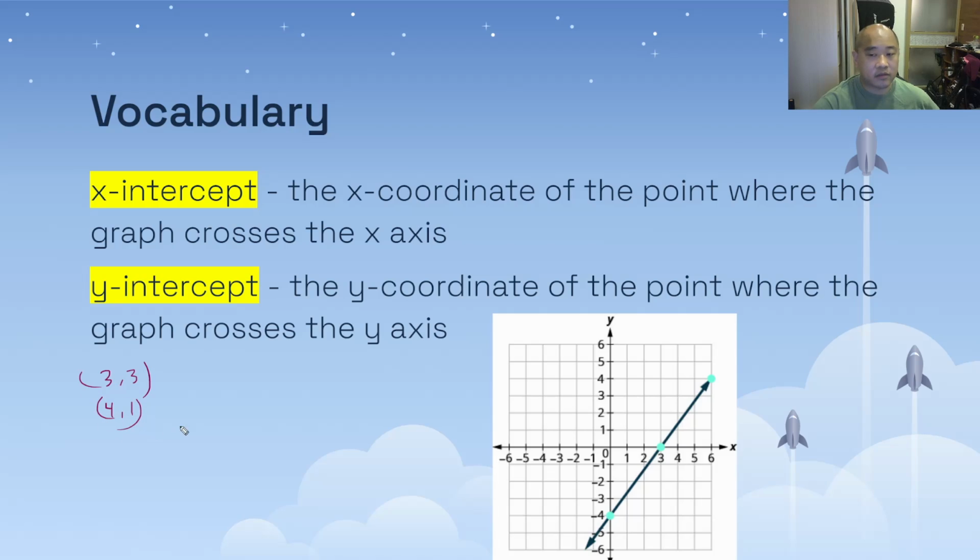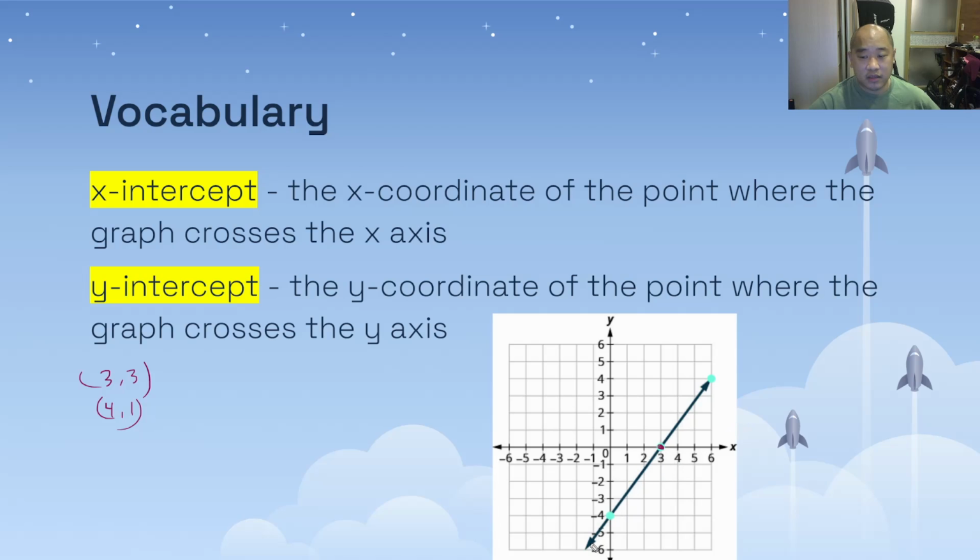These are ordered pairs, right? Which means we could graph them onto a coordinate plane. The x-intercept is when you graph a line onto a coordinate plane, sometimes it will intersect with the x-axis. The only time it will not is if it's a horizontal line, right?